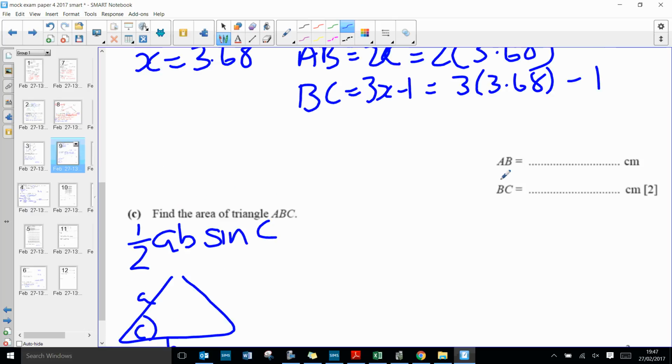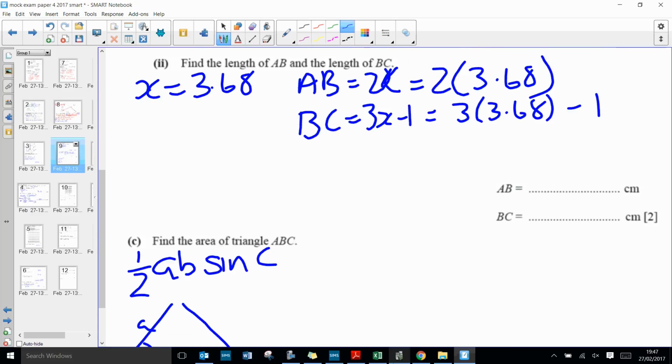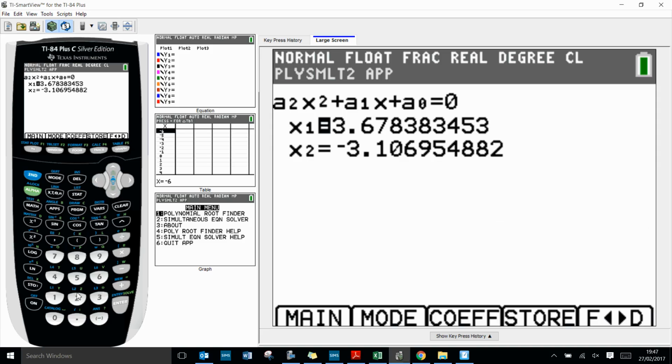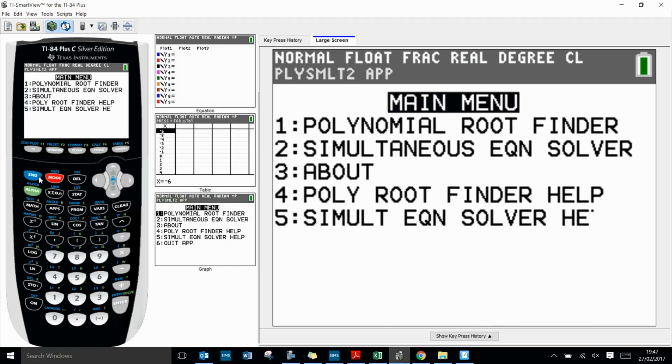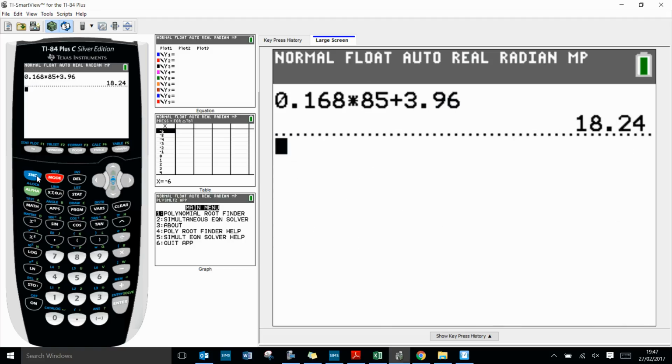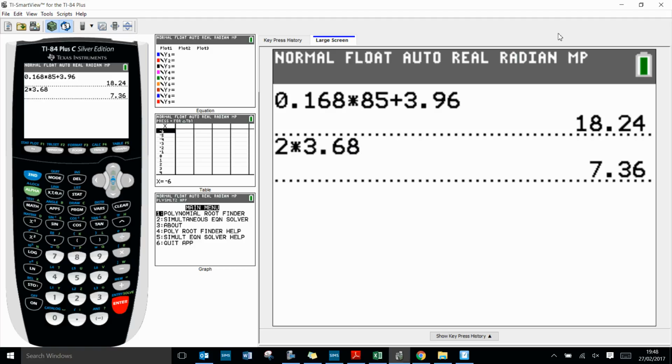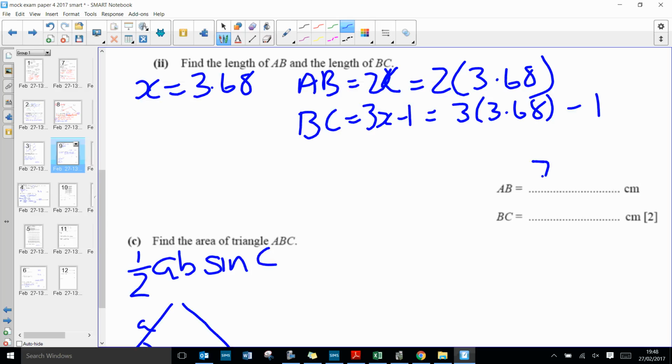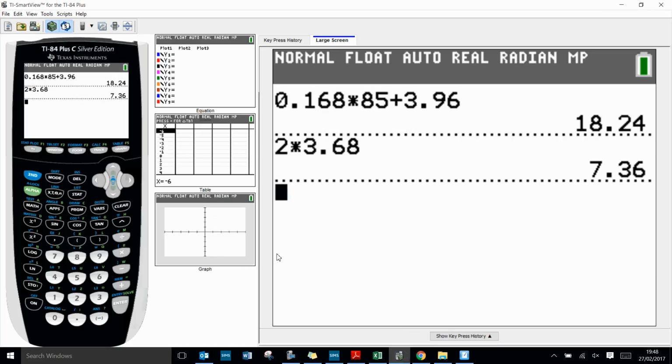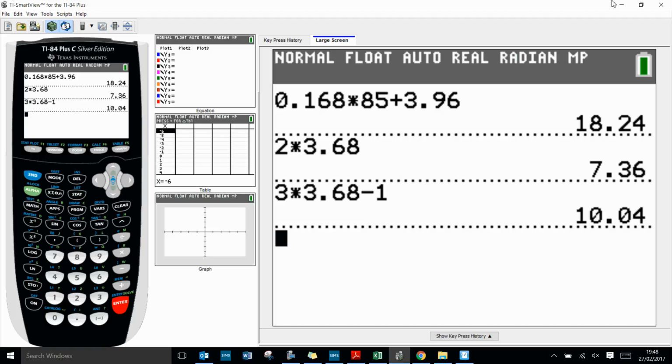Okay, so 2 lots of 3.68 is 7.36. And 3 lots of 3.68, take away 1 is 10.04.